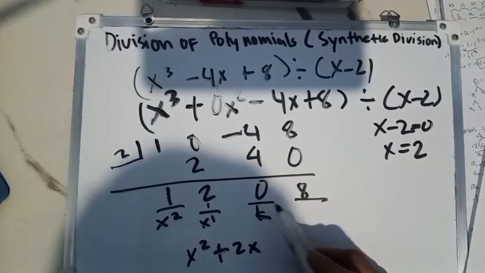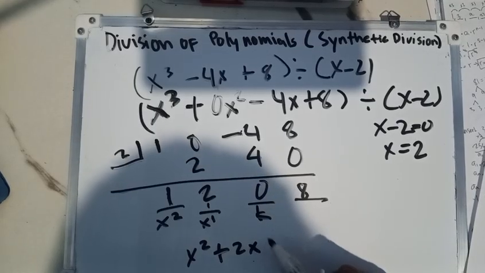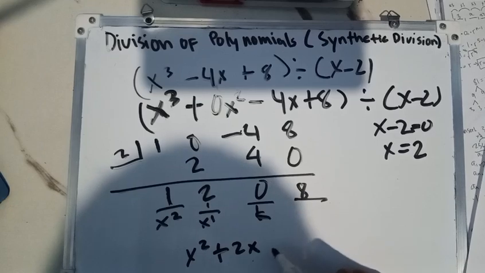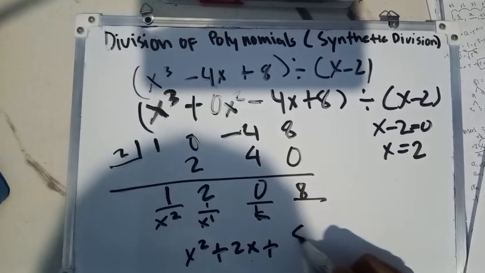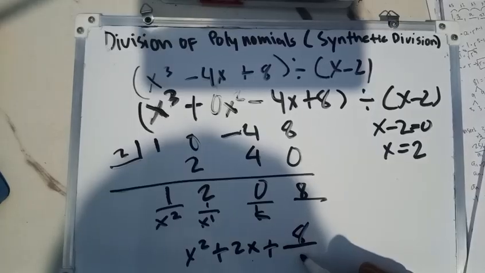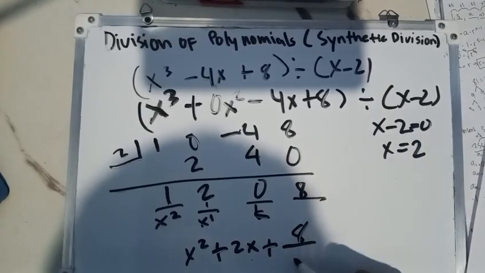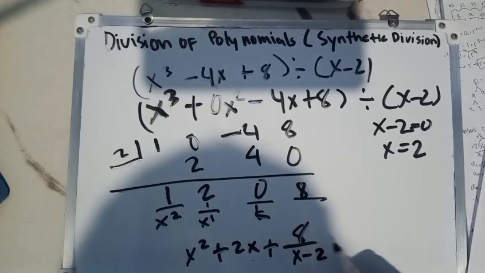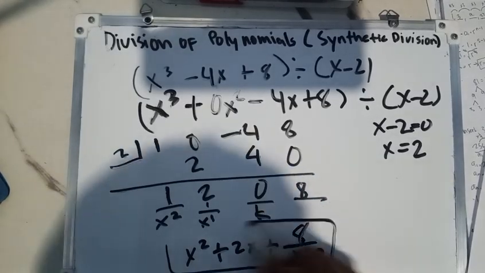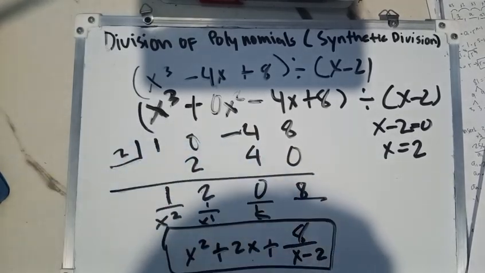We skip to our remainder, and our remainder will look like this: plus 8 over our divisor, which is x minus 2. So this is our answer.